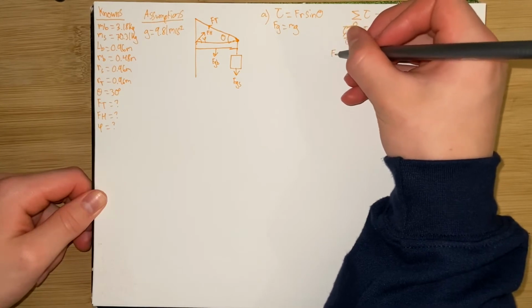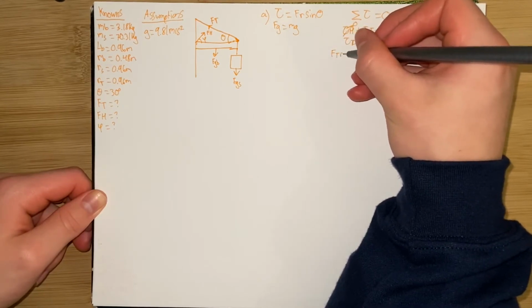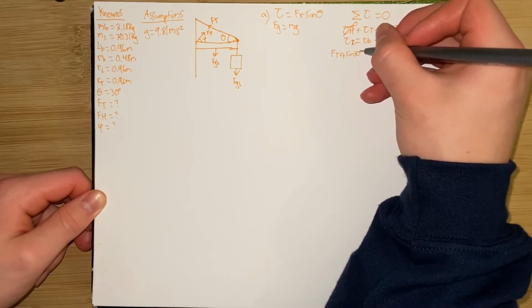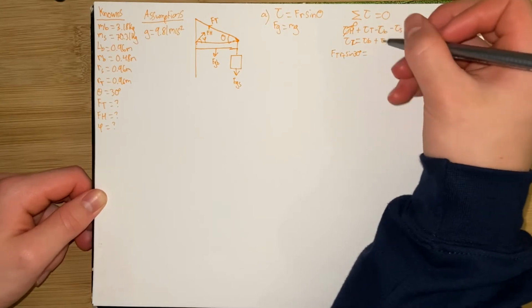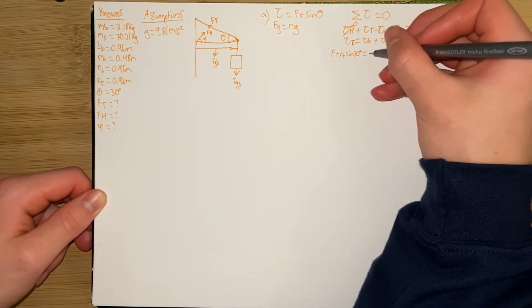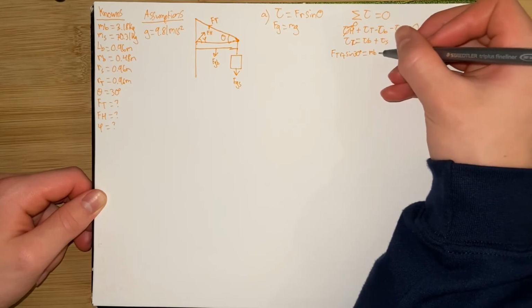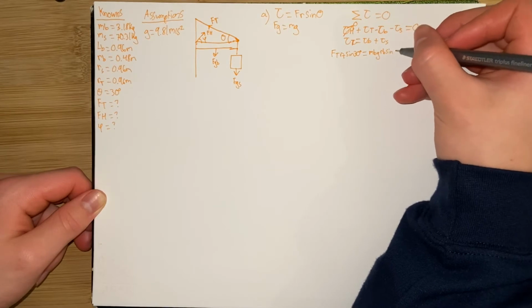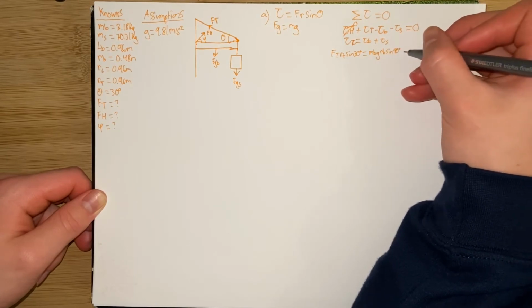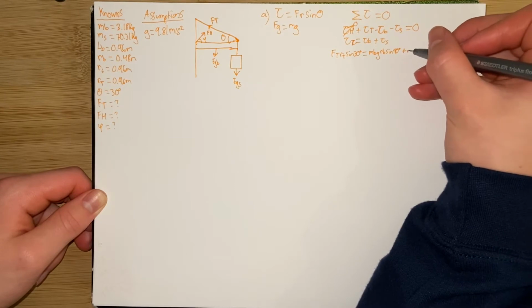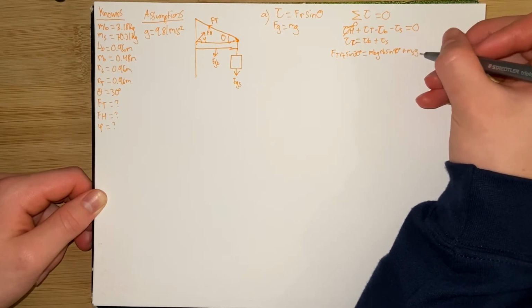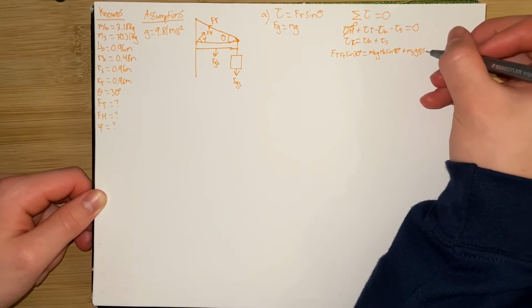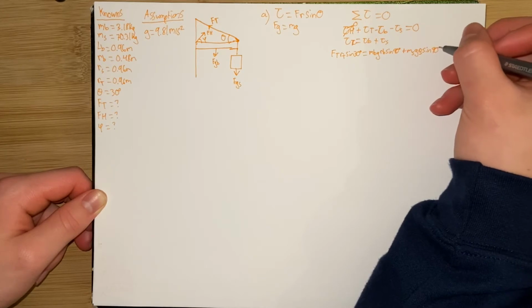So we have the force of tension, R value of T, sine of 30, or theta, in this case, is equal to the mass of the beam times gravity times the R value of the beam times sine of 90 degrees plus mass of the sign times gravity times the R value of the sign times sine of 90.